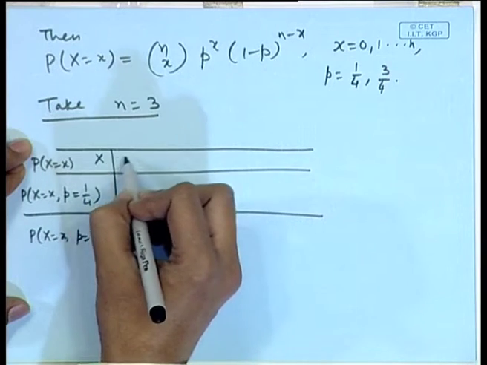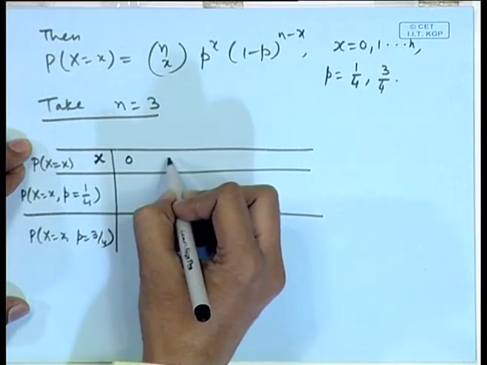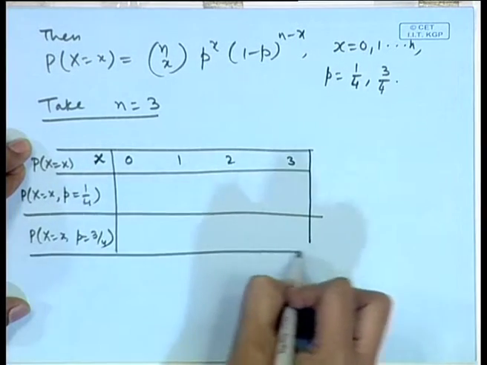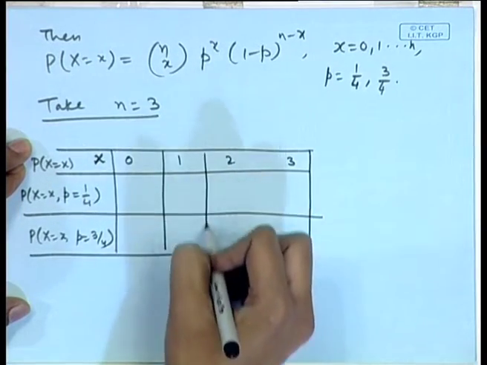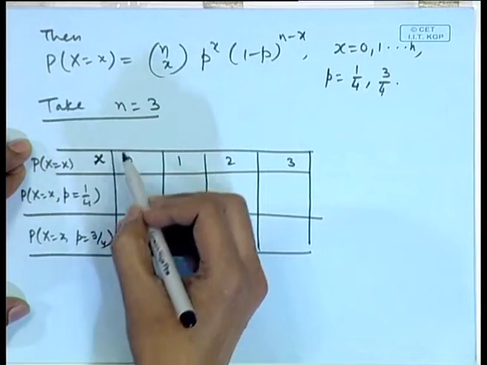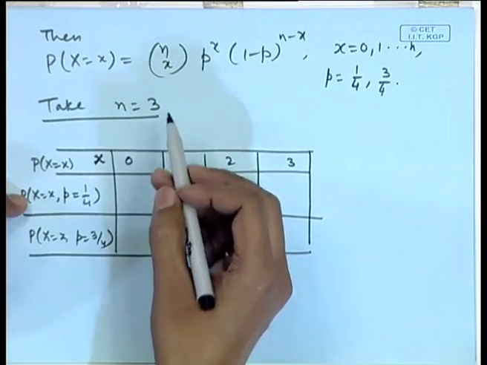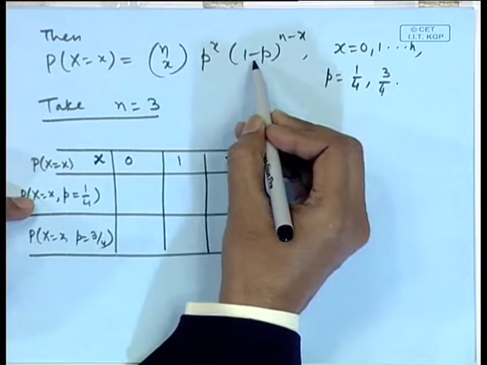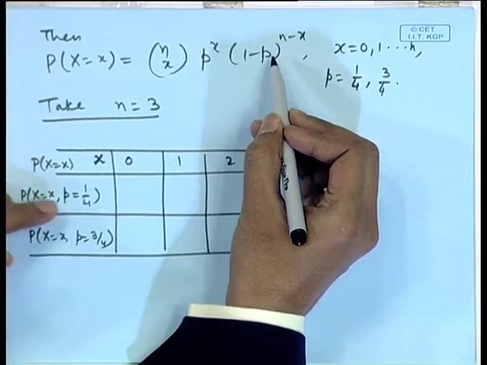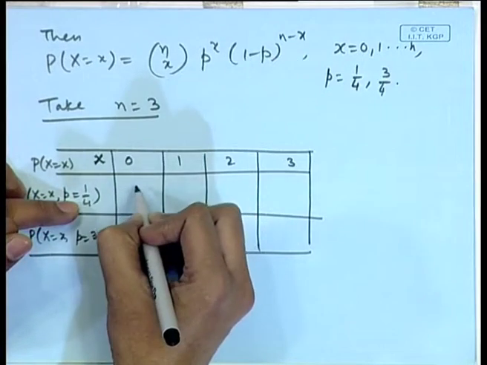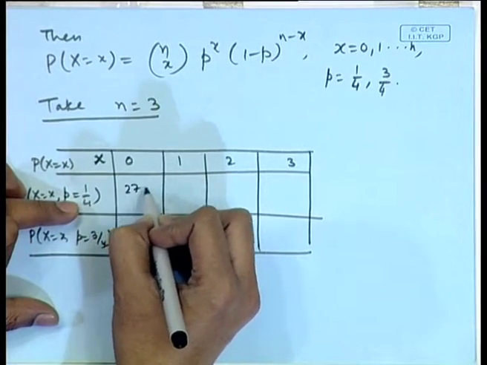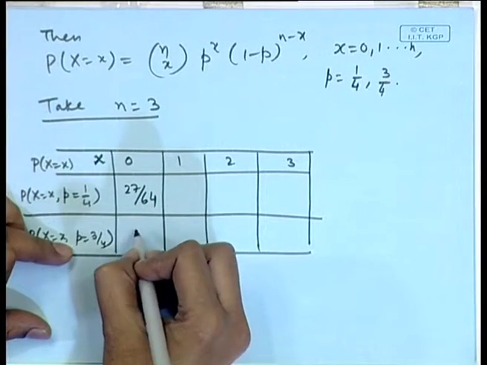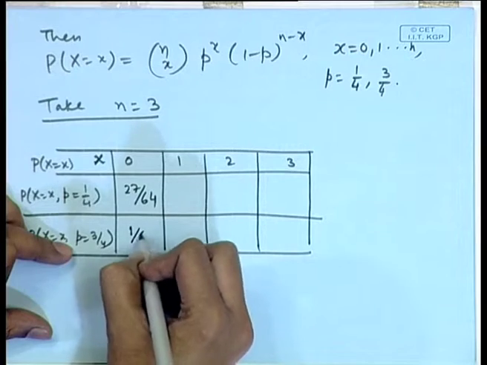And on this side let us take the various values of x. X can take values 0, 1, 2 and 3. Since n is equal to 3, the probability that X equal to 0 is (1 minus p) cube. If p is equal to 1 by 4, it is simply (3 by 4) cube, that is 27 by 64. When p is equal to 3 by 4, (1 minus p) cube becomes (1 by 4) cube, that is 1 by 64.